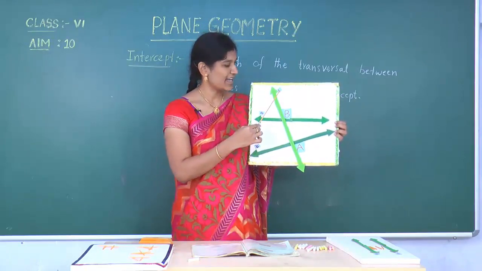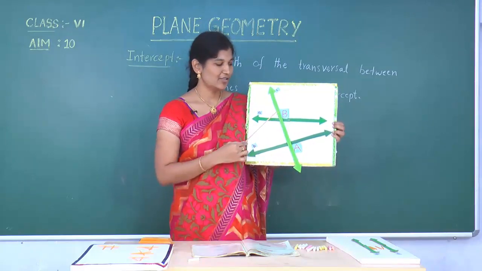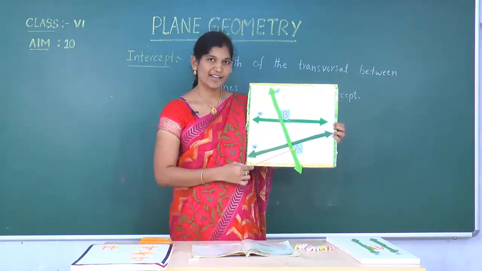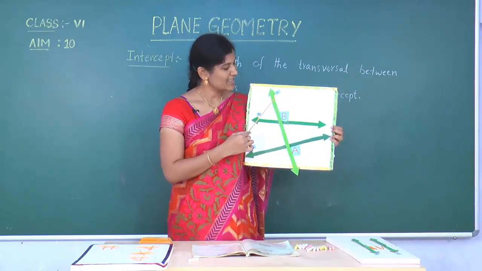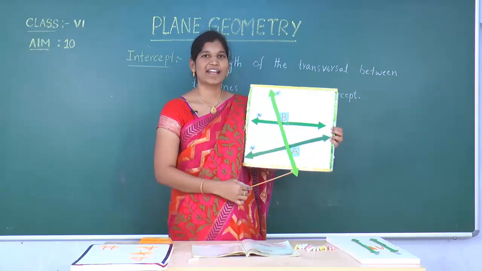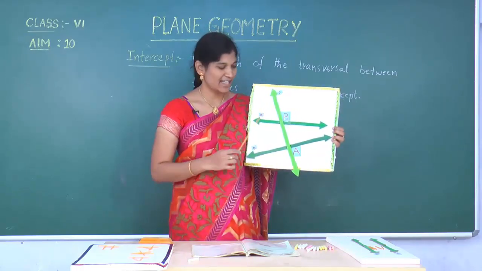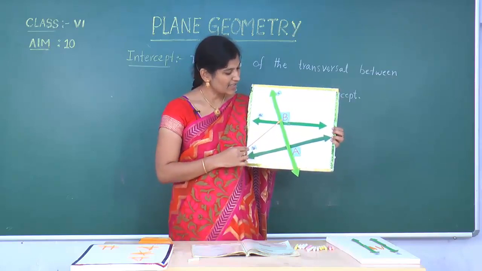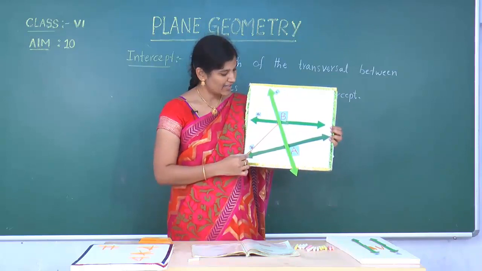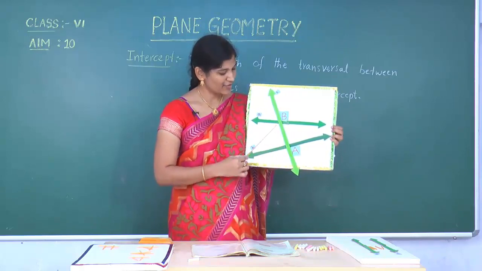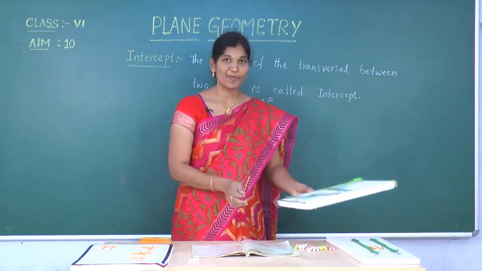Because this is the line C which intersects the given 2 lines at 2 different points, A and B. So this line is called a transversal line. Can you identify the intercept? Yes, the length of the transversal between these 2 points is called the intercept. Let me show you some more figures.